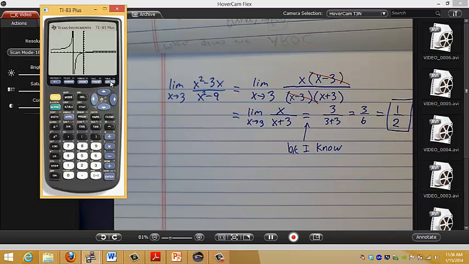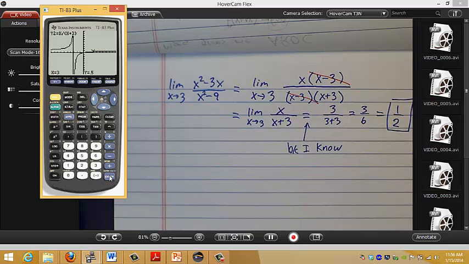Do you notice any difference? No. That's because there's only one difference on the entire graph. The only difference that this graph has compared to the one before it, you'll notice if you try to calculate the value at 3, can you do that now? That's what I just did.